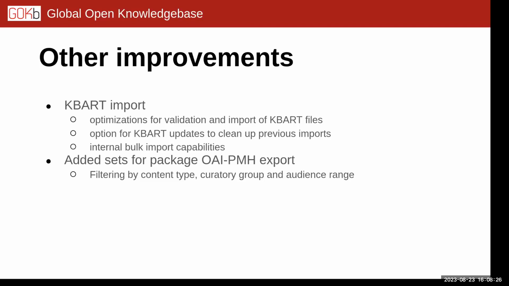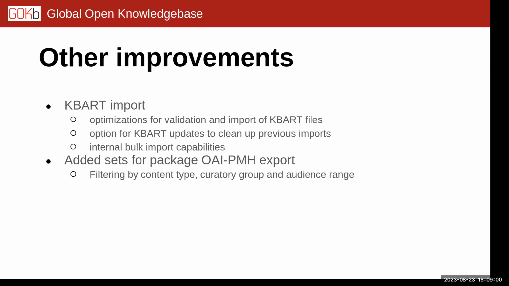So the only way to filter right now, up until now, was to get everything from a specific date. Now we added some filtering options as well, so you are able to filter packages to be synchronized by content type.